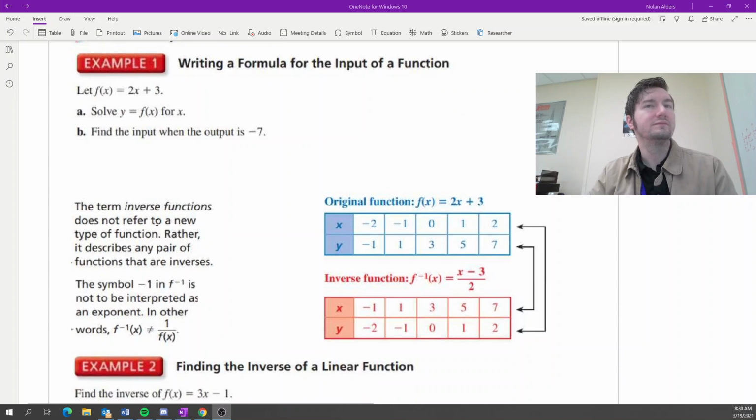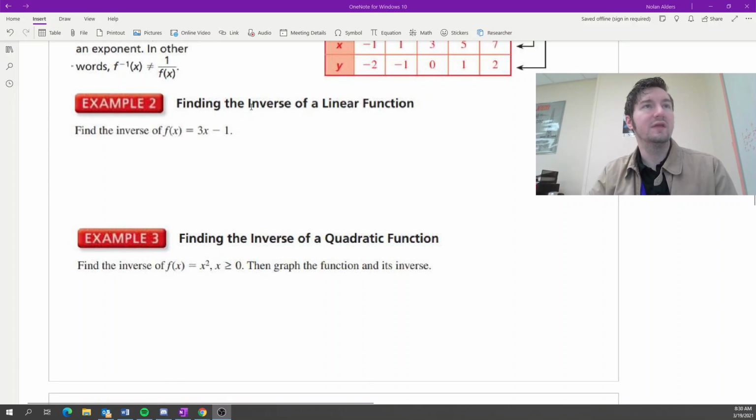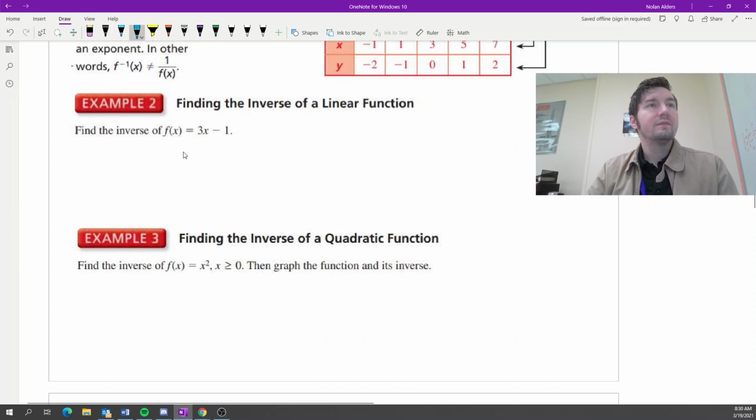So let's go right down here to inverse and figure out what we're going to do. We're going to find the inverse of this function. Here's what we're going to do. We're going to replace the f of x with an x, and we're going to replace the x with a y.